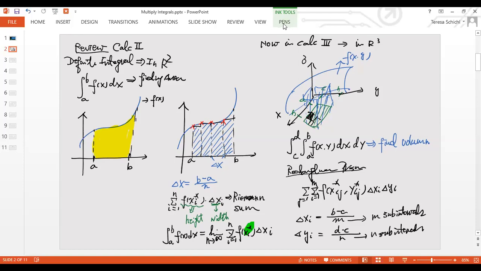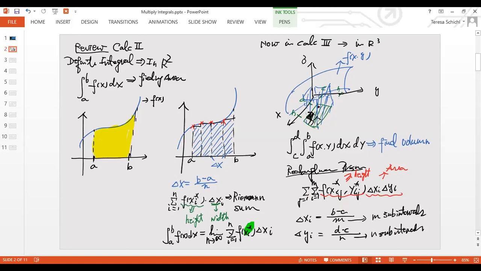Now in here, this is the base area, the length times width. And this one here is the height of this rectangular prism. So that's why we are using the rectangular boxes.